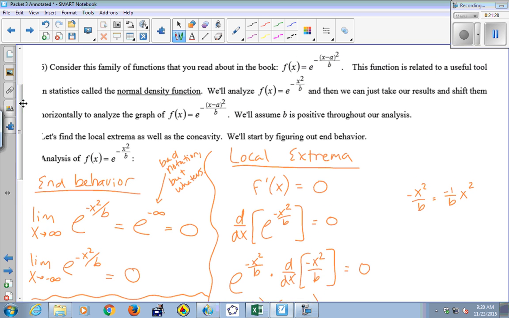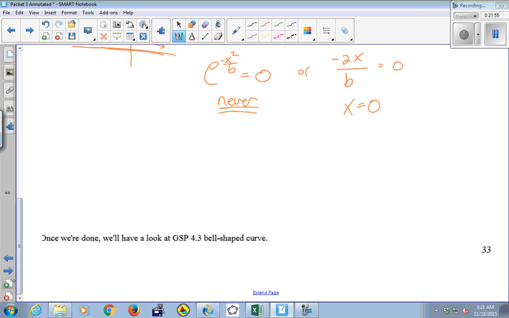If you look at the original equation, e to some stuff is always going to be positive. Can't get a negative, right? Because it's always going to be above the x-axis, whether it's growth or decay. So no matter what I plug in here, it's got to be positive, which means that when I plug in 0, it's got to be positive. And I know the end behavior approaches 0. So it's got to look something like this: a positive value at 0, and my end behavior looks like this.